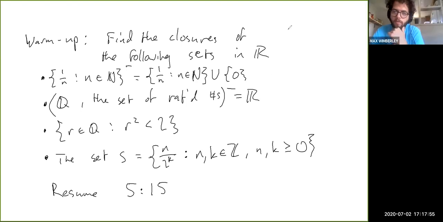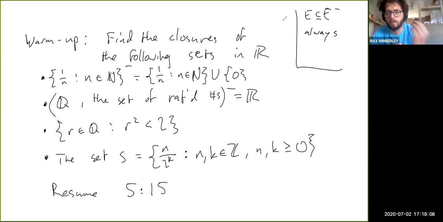Actually, as a rule, any set is always a subset of its own closure. The reason for that is, if you want to think about it in terms of sequences and limits of sequences, you can always form a sequence that just repeats the same point from E over and over again.